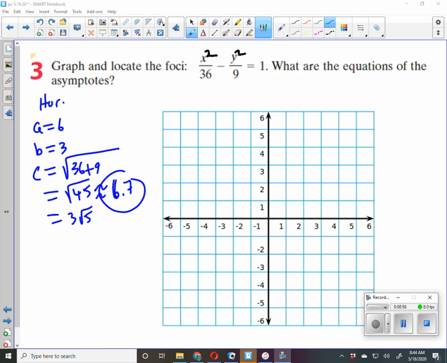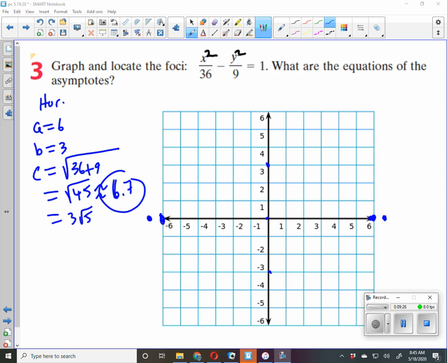All right, because this is horizontal, we got a center at 0, 0. We got vertices at plus or minus 6 here and here. We got foci at 6.7 here and here. We have, for lack of a better term, co-vertices here and here.